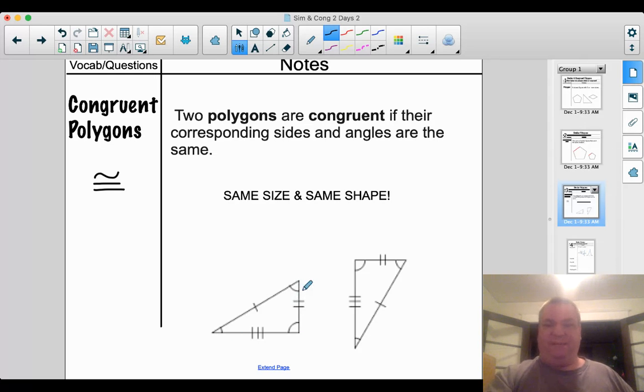If the sides are the same size, they're also going to be the same size. So the angles are what determine the shape. If you think about changing these angles, it would change the shape of these triangles. If you change the length of the sides, you'd make it bigger or smaller. But if these are the same size and same shape, we call that congruent. You can think of it as being identical.